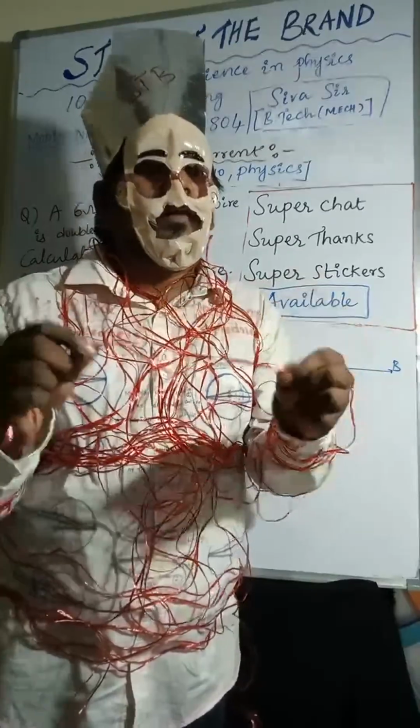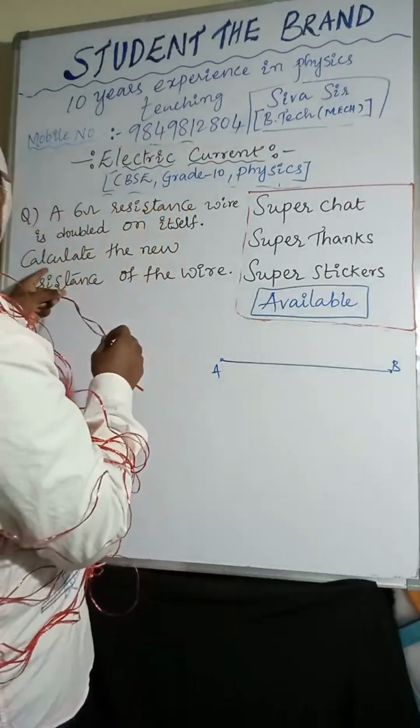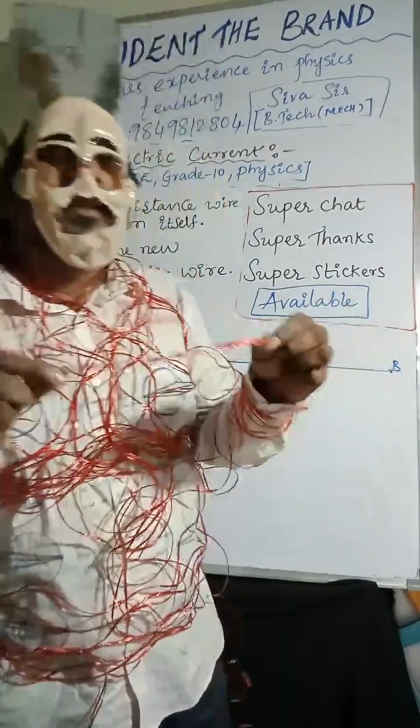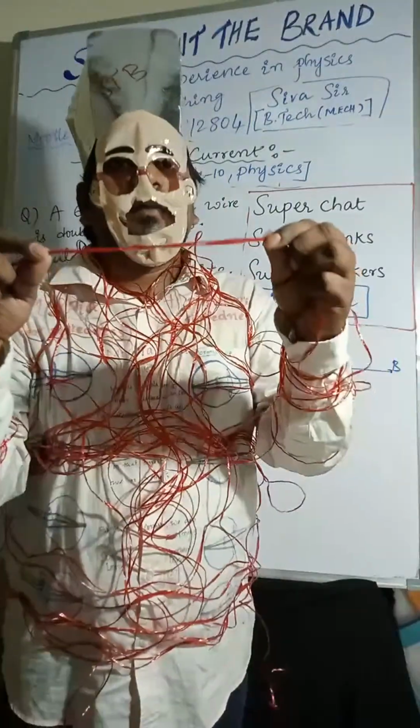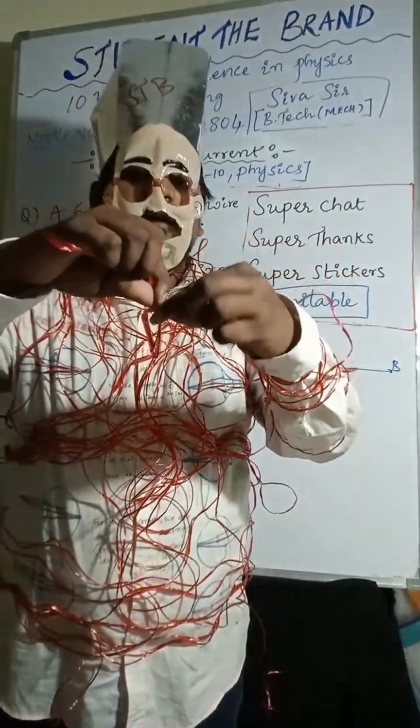A 6 ohm resistance wire is doubled on itself. Calculate the new resistance of the wire. So I'm taking this wire and folding it like this, doubled on itself.